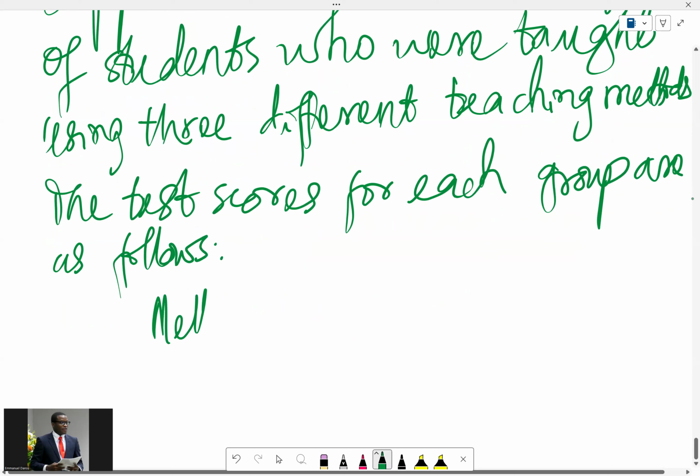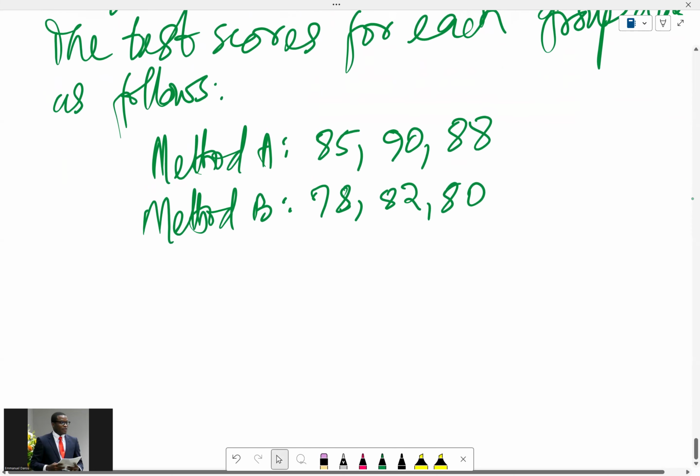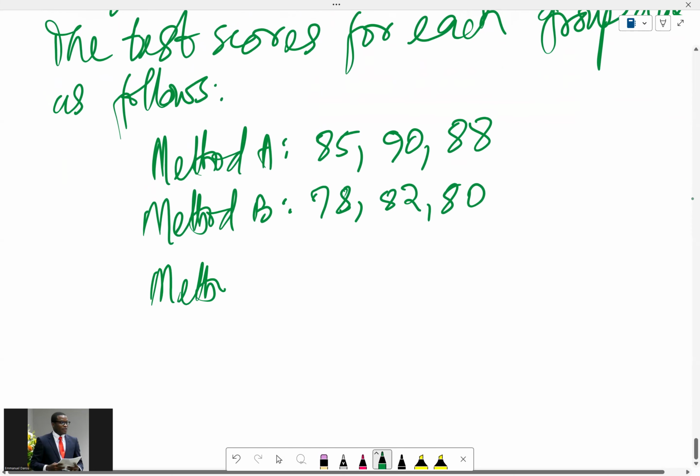Those who were taught with method A had 85, 90, 88. Those who were taught with method B had 78, 82, and 80, respectively. Those taught with method C had 92, 94, and 93.